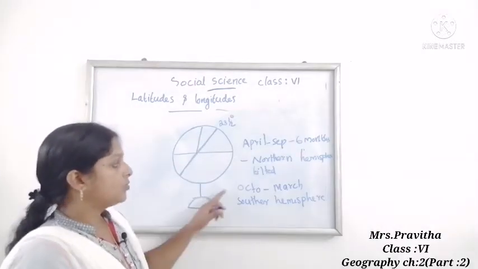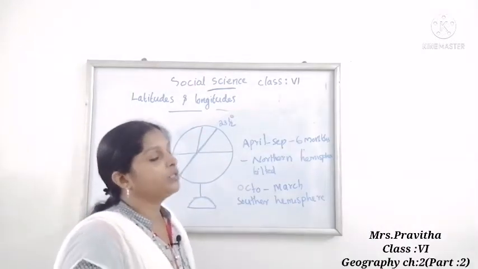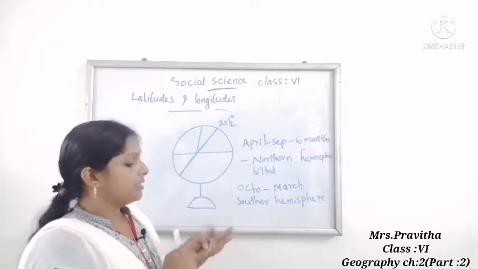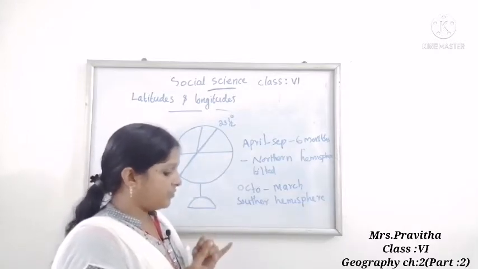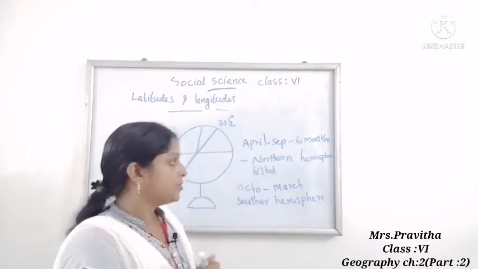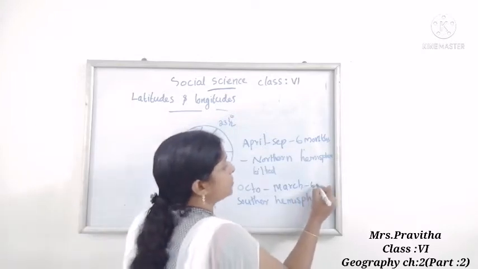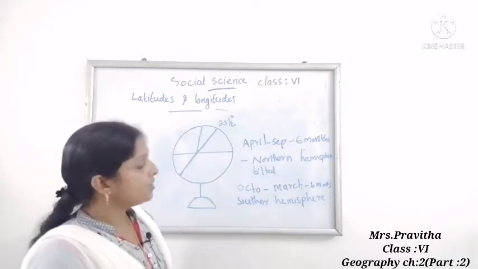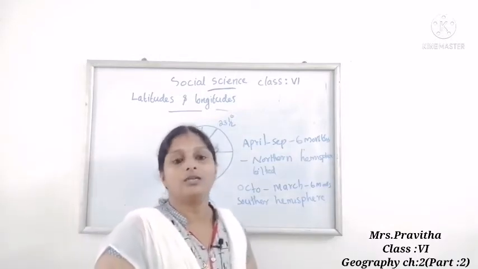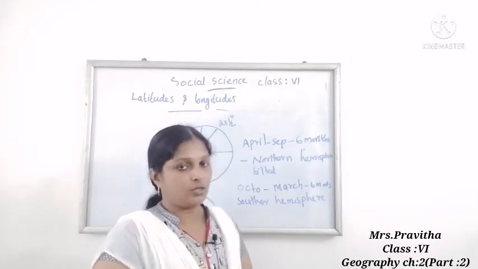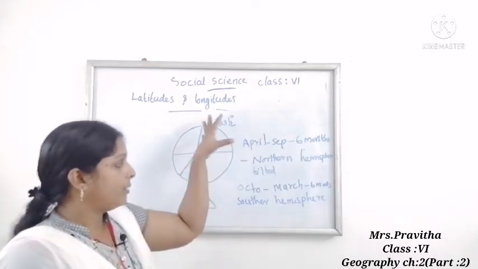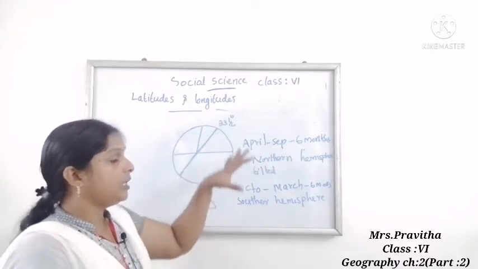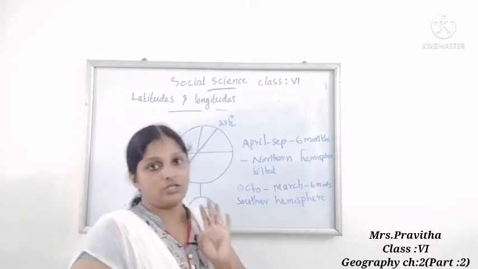Count the months, children: October, November, December, January, February, March. So six months the southern hemisphere is tilted towards the sun, and six months the northern hemisphere. I think you understood. Ma'am taught you the amount of sunlight is not equal to all the latitudes.